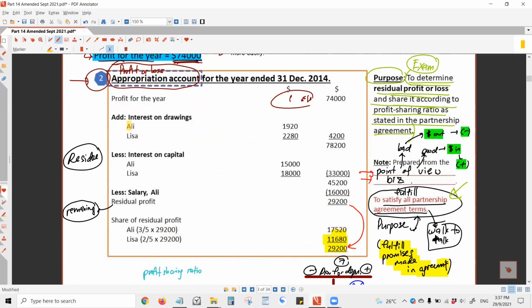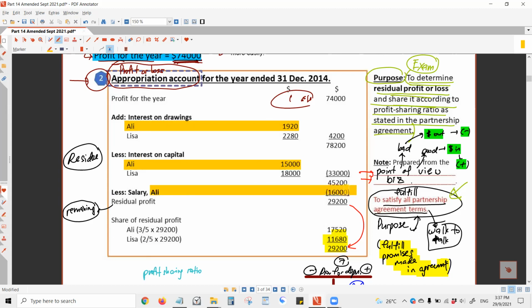You have something for Ali here and there. That means they are not gathered together. You cannot easily see how much Ali is getting because it is scattered all over.